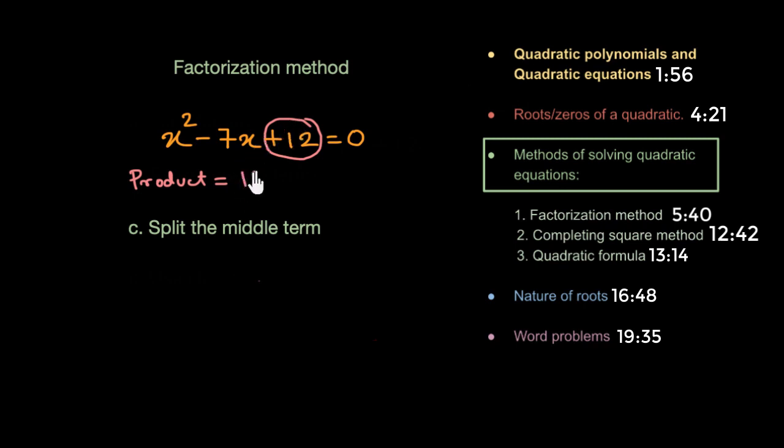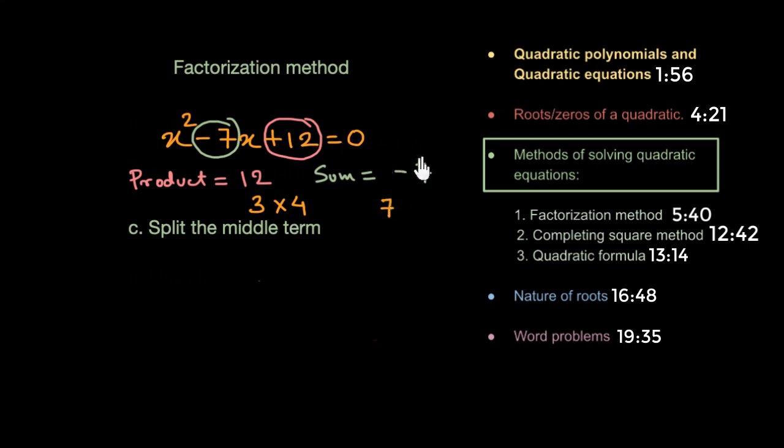The product should be equal to 12 and their sum should be equal to coefficient of x, that is negative 7. Now the key to find these numbers is to think in terms of the factors of 12. For example here, if we take 3 and 4, we know that their product would be equal to 12, but 3 plus 4 would give us 7.